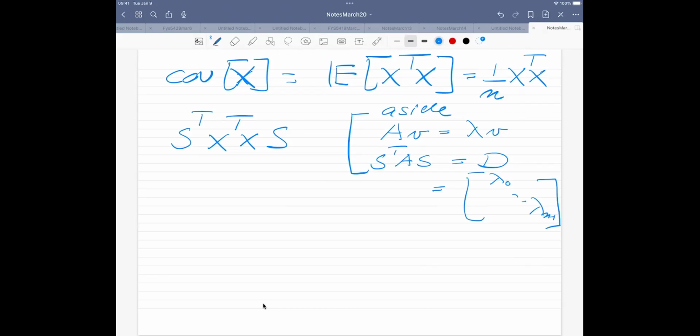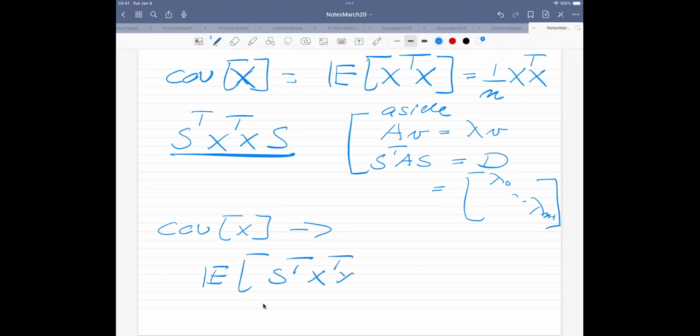So there is some kind of magic transformation which does the job for us. So if we now look at this quantity here, what we are going to do now is to perform this transformation. So we transform our covariance into, so we are now performing this transformation, S transpose times X transpose times X times S.